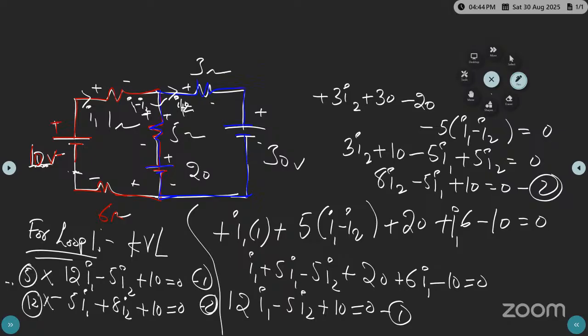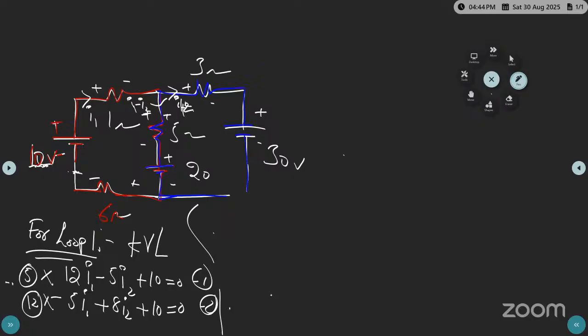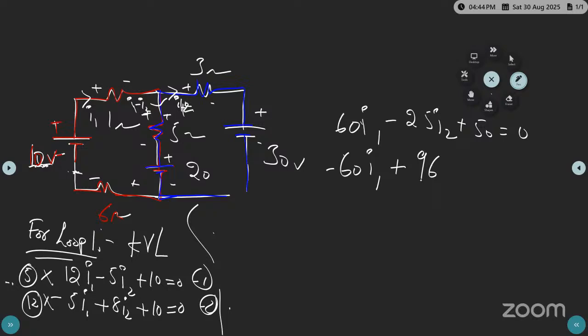So, after this, the equation will be remodified as 12 fives are 60. 60I1 minus 25I2 plus 50 is equal to 0. 60I1 minus 5 I2, plus 12 eights are 96, 96 I2 plus 120 is equal to 0.